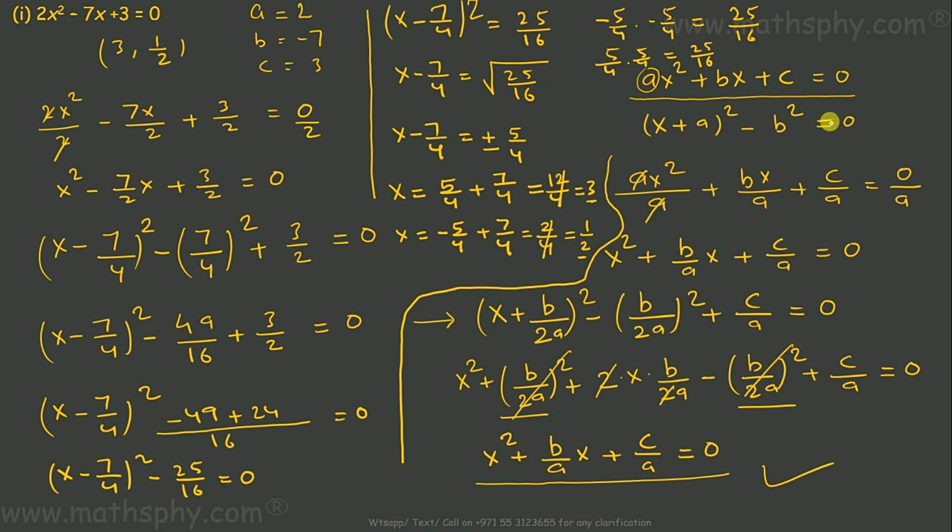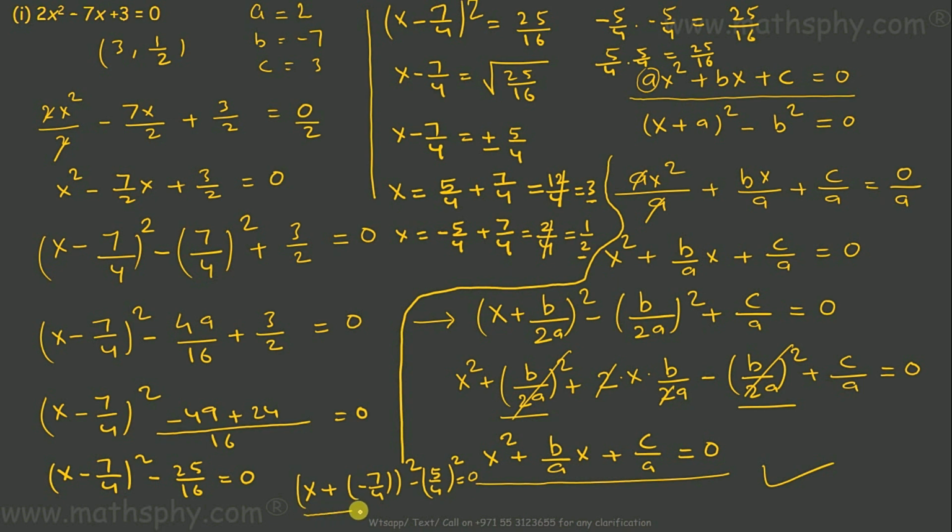As I said in the beginning, if this equation here, a quadratic equation, I change to this format, x plus a whole square minus b square equals to 0, I can find out roots. Now if you pay attention here, this piece, x minus 7 over 4 whole square, this is x plus negative 7 over 4 whole square, and this is 25 over 16, which is 5 over 4 whole square equals to 0.